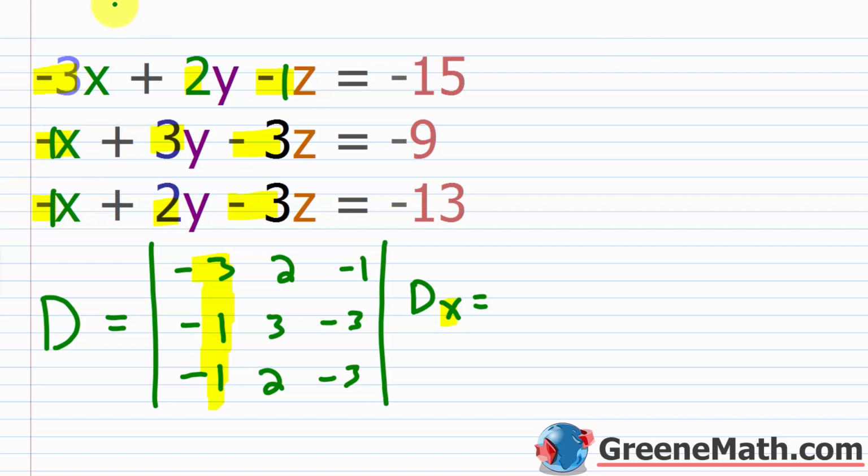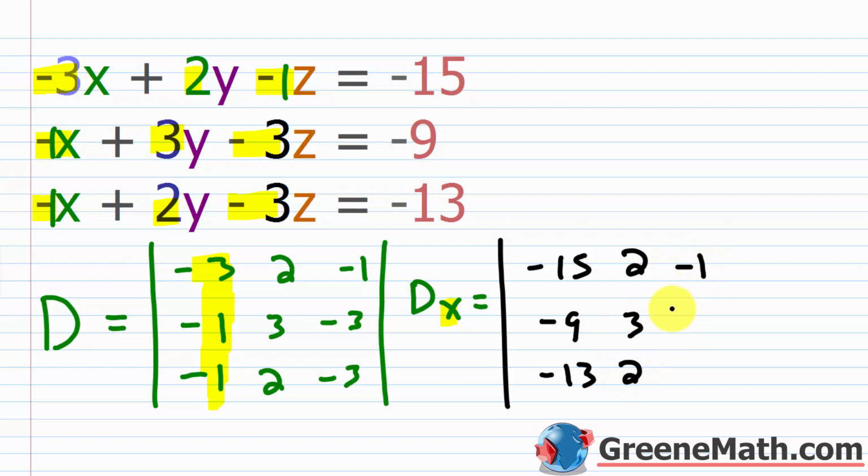What I want to do is replace that column, and that column only, with the constants of the system. So I'm going to put -15, -9, and -13. I just took these values and put them in this place here. The rest of it is going to stay the same. So you have 2, 3, 2, -1, -3, and -3. That part's the same.